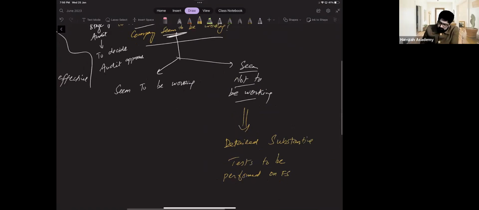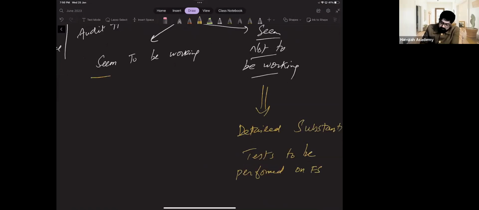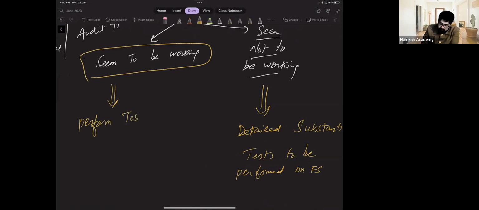Second, controls seem to be working. Okay, perform test of controls. Test those controls.